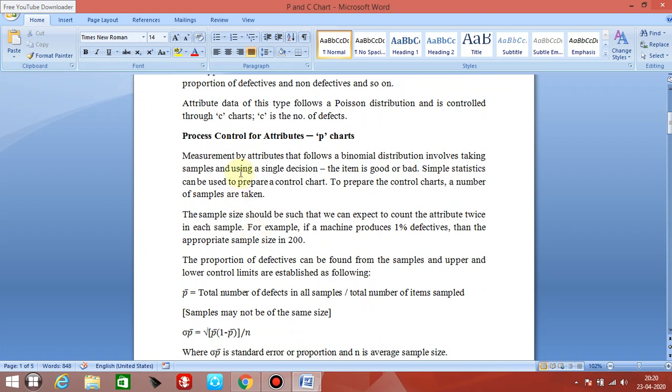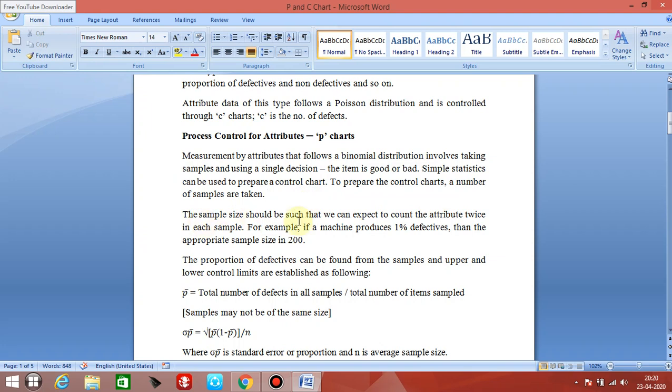Measurement by attributes that follows the binomial distribution involves taking samples and using a single decision. That is, the item is good or bad, defective or non-defective. Simple statistics can be used to prepare the control chart. To prepare the control charts, a number of samples will be taken.